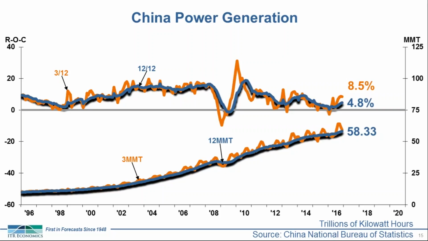Here we have China power generation. China power generation is often an economic indicator that can be met with raised eyebrows. And if you don't follow it personally, it can seem a little out of place when talking about the U.S. However, China power generation is used as a proxy for general economic growth within China, and actual general economic activity.